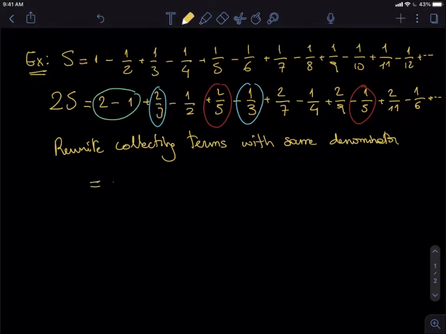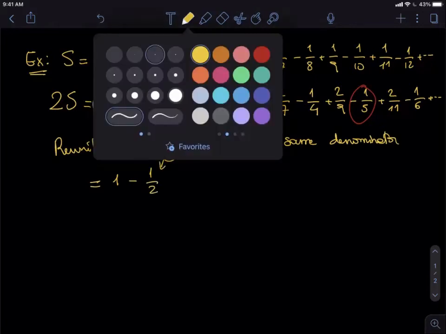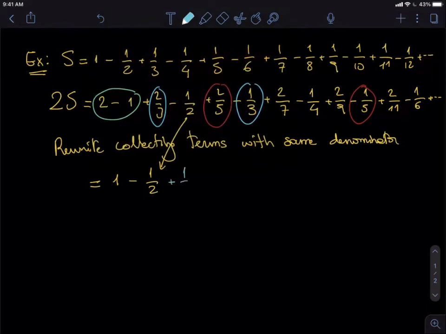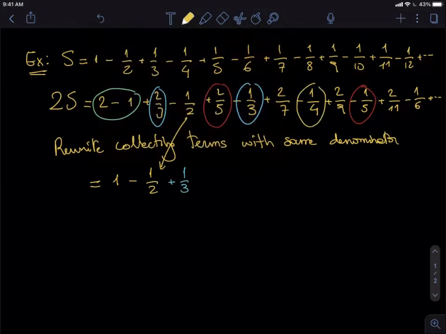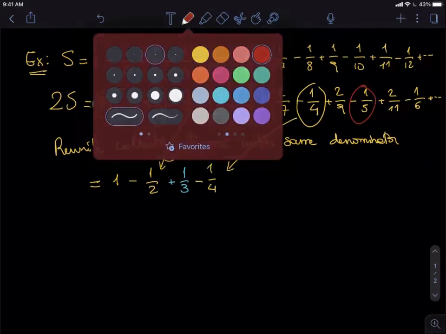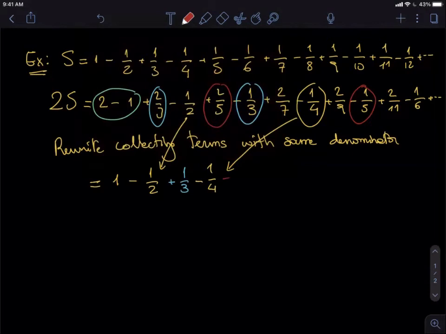So what we get is 1 plus, well, actually, let me rearrange. So this is minus 1/2, this 1/2 here. Then let's use blue, plus 1/3. Then the negative 1/4 is over here, minus 1/4. Then we have the 5th, 2/5 minus 1/5, which is plus 1/5.